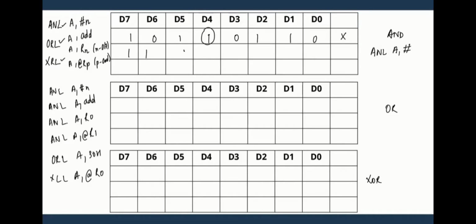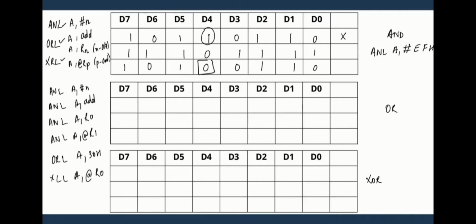For resetting the D4th bit, I put 0 in that place in the number, and all other bits are given as 1. Then what will be the resulting value after the AND operation? ANL A comma hash EF.